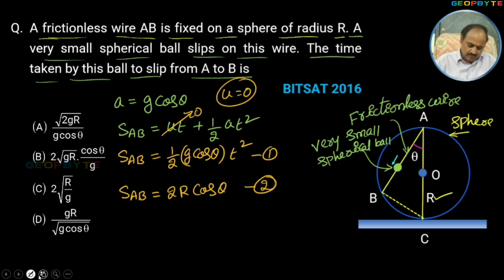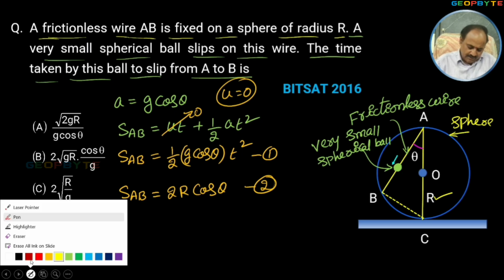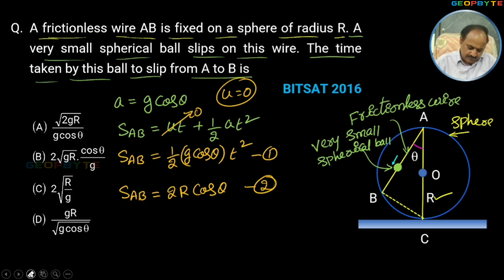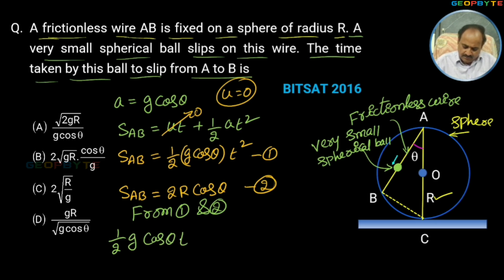From 1 and 2, since the LHS are equal, you can equate the RHS. I can write that half into g into cos theta into t square equals 2r cos theta.